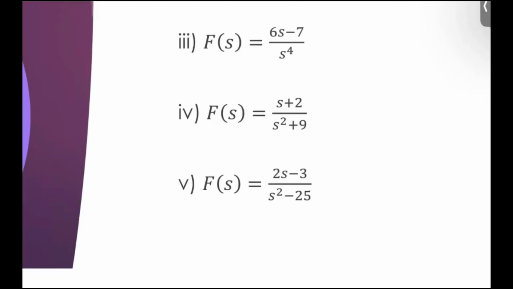At number 5, F(s) equals 2s minus 3 over s squared minus 25. Okay, let me rewrite this one again.